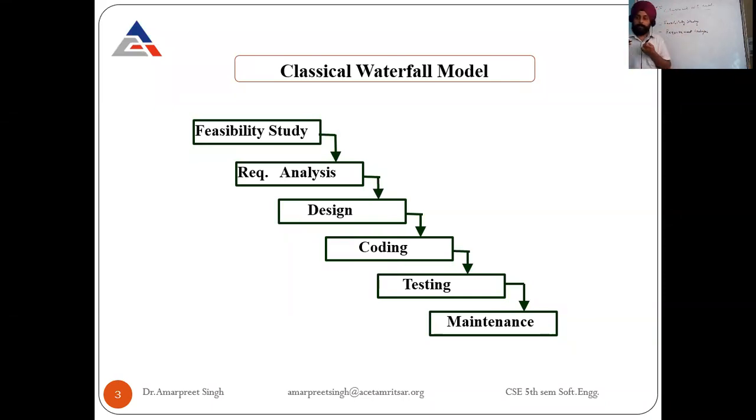And in the requirement analysis phase, one important document is prepared, which is known as SRS. When we discuss this phase as a whole chapter, I will tell you what SRS is.